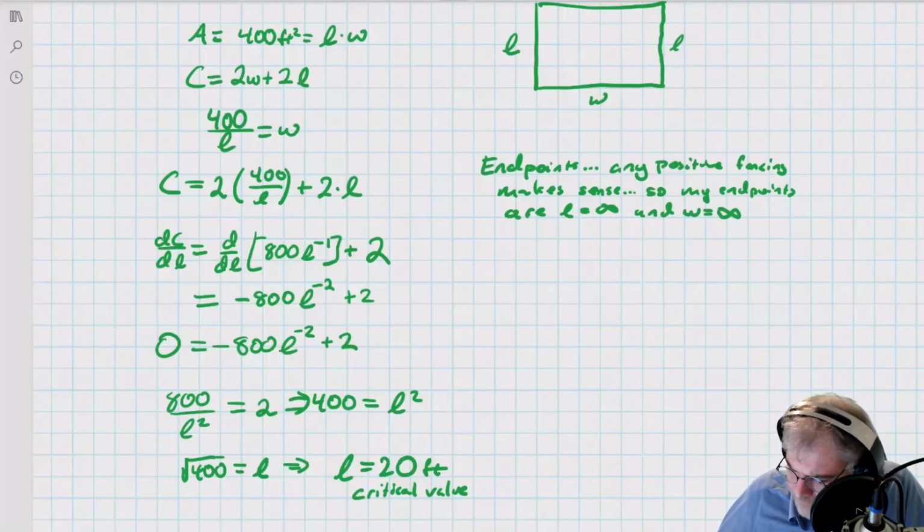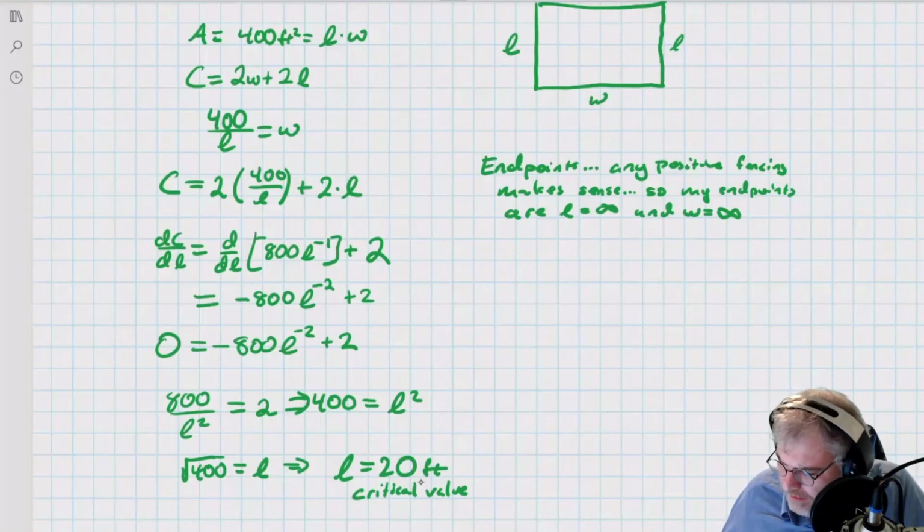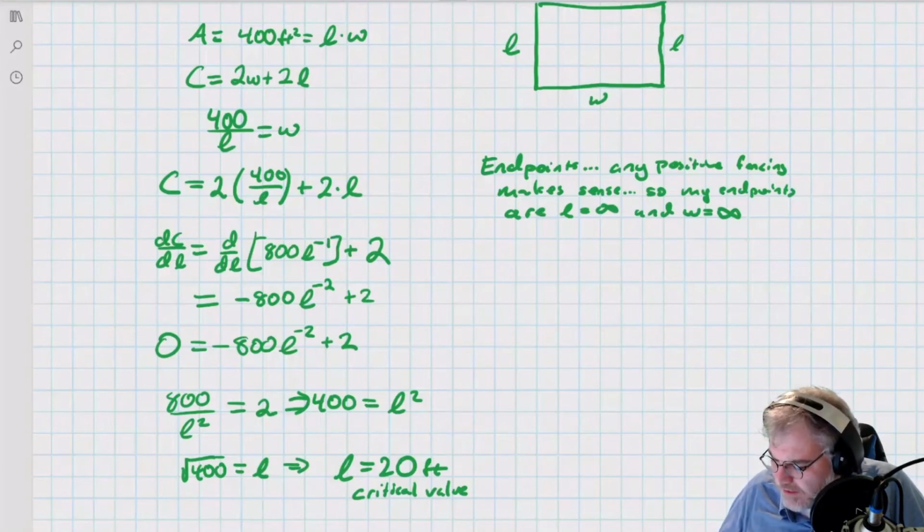Okay. Well, you may think that's bad, but that's actually good, right? So here, if L equals infinity or W equals infinity, I need an infinite amount of fence. And that's silly, right? So what this thing looks like, based on this little fact here, is something like this.